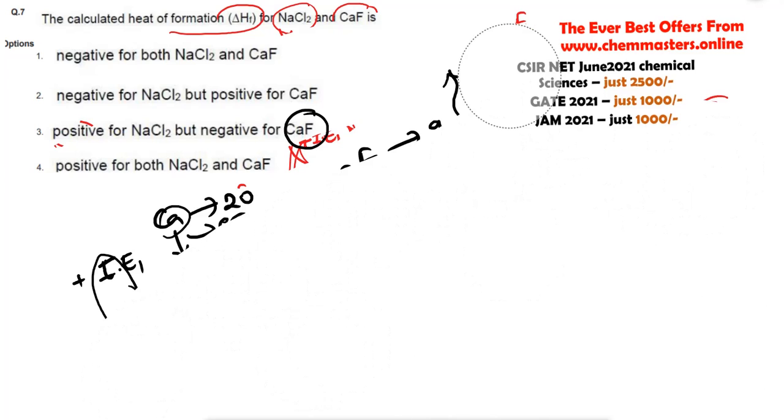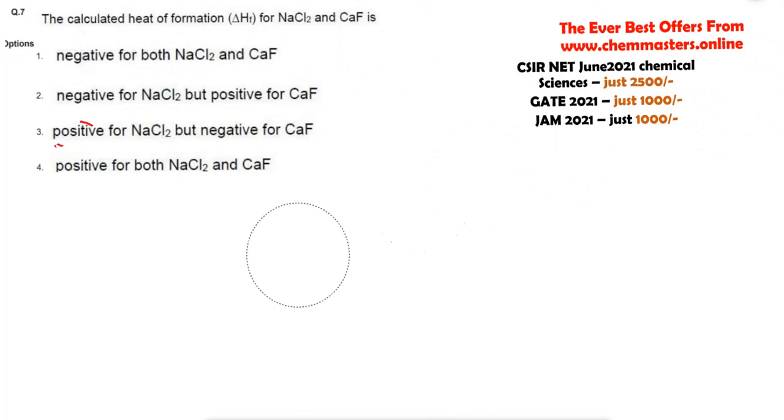Okay, so if you are interested, we can go with the Born-Haber cycles for NaCl2 and CaF. Born-Haber cycles are used to determine the enthalpy of ionic compounds. That is what we know. Right, now first the solid sodium should be converted to gaseous sodium.